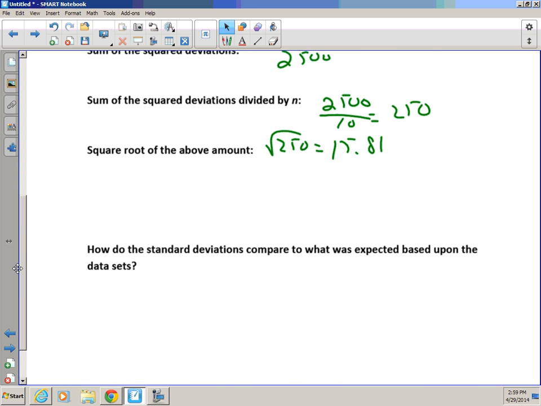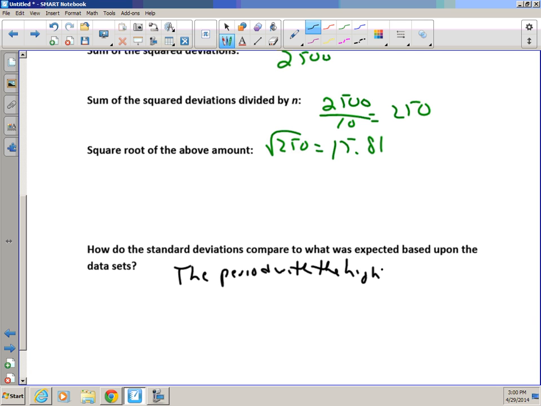The period with the higher range of test scores has the higher standard deviation.